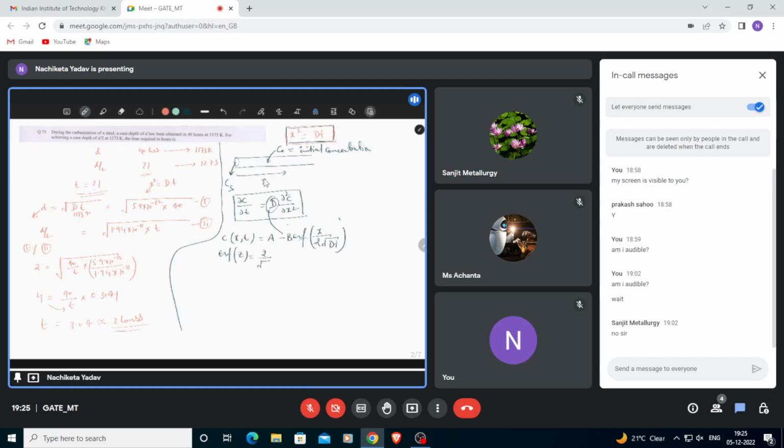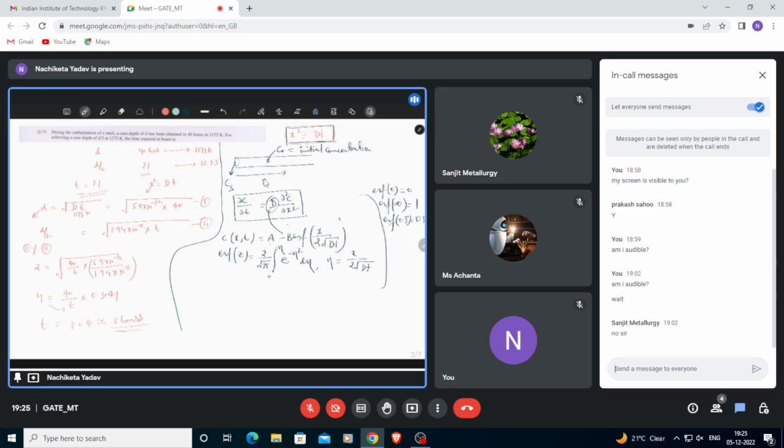In the question it will be given, so there is no need to memorize this equation. Where eta is x by 2 square root of Dt. We also know error function 0 is equal to 0, error function infinity equal to 1, and error function 0.5 equal to 0.5.